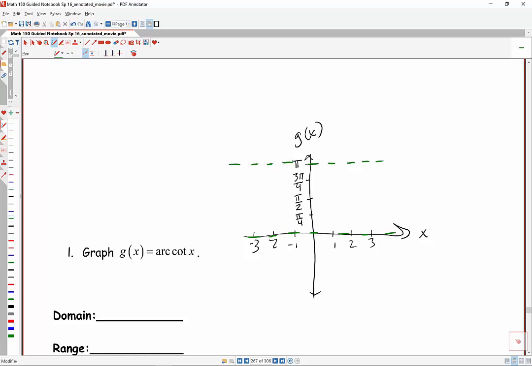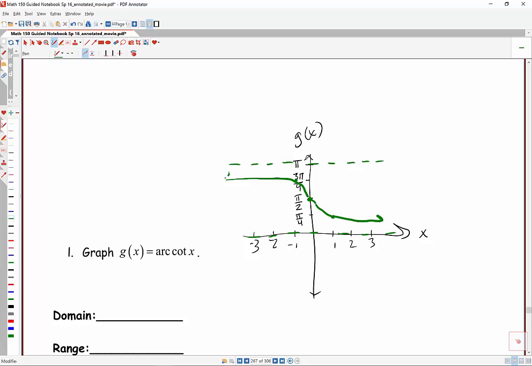So at (0, pi over 2), we'll have an ordered pair. At (1, pi over 4), we have an ordered pair. At (-1, 3 pi over 4), we have an ordered pair. So it's going to go something along these lines. Okay?